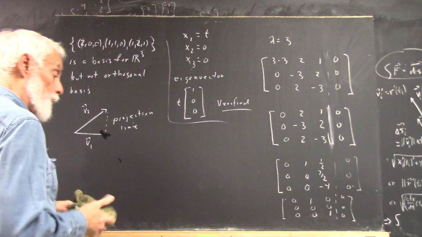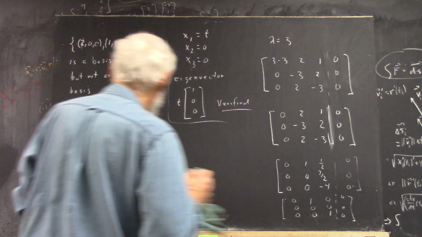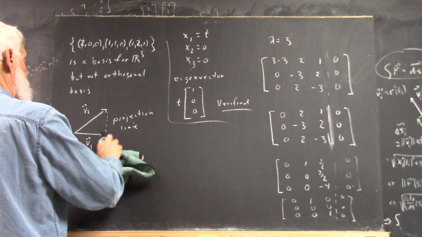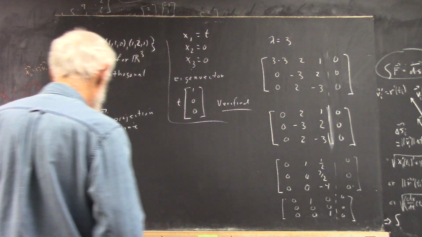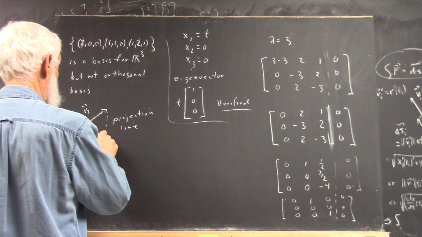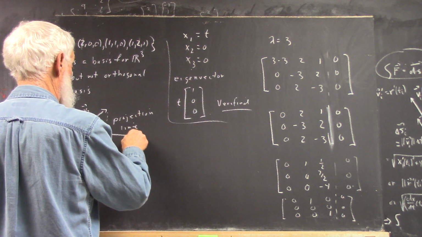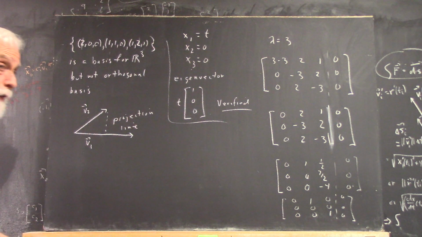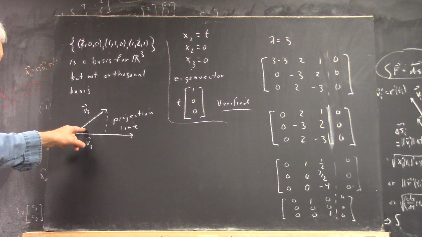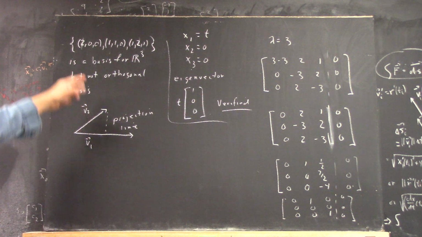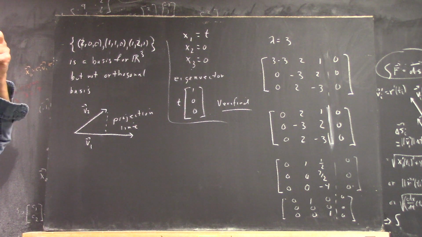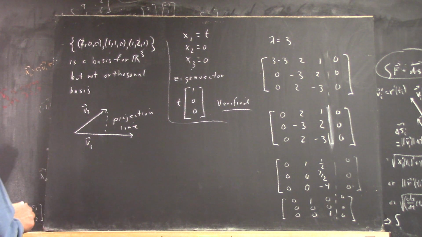V1 and V2 are both in the XY plane. The operations we do to do the projection and so forth don't depend on whether they're in the plane or not, but it's easy to draw it that way. We know that angle's 45 degrees because of where these vectors are in the plane. Here's the projection.